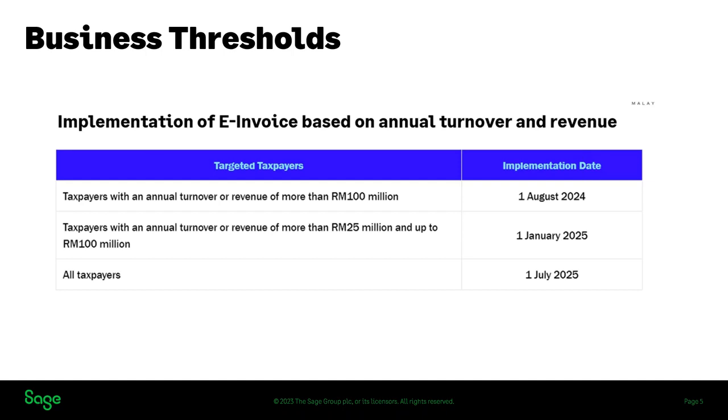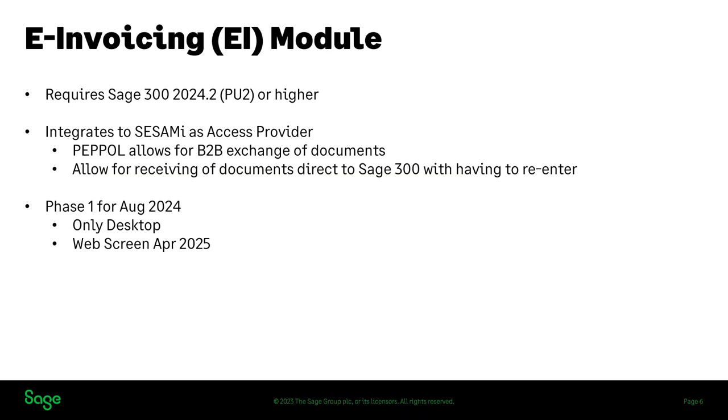For Sage 300, we have this module called EI, the e-invoicing module. It requires Sage 300 2024.2, or product update 2 or higher. For customers who are not yet current on 2024.2, we strongly suggest now is the time to start talking with your business partners about contemplating that upgrade.